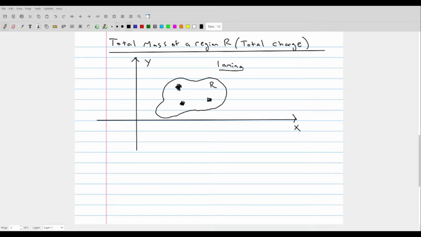There's a lot of mass per unit area, in this case maybe measured in kilograms per meter squared. But as you move around the plate, maybe there's less and less mass as you move away from these heavily concentrated regions, until when you get very far away from any of them, the mass density is very, very small.